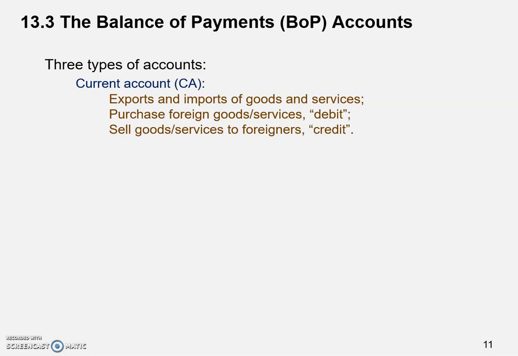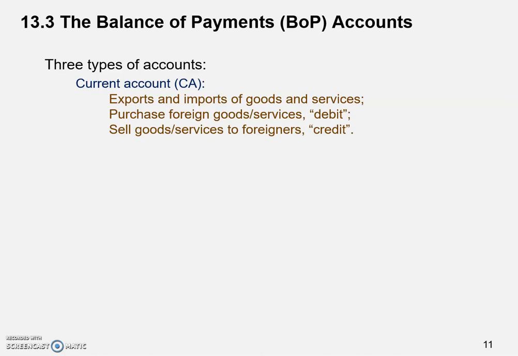For example, when we purchase foreign-made goods and services, it will be recorded as a debit under current account. And when we sell domestically made goods and services to foreigners, it will be a credit. Another simple way to figure this out is the flow of money.